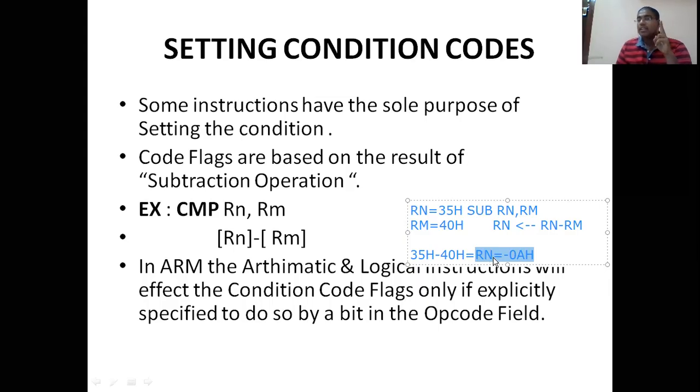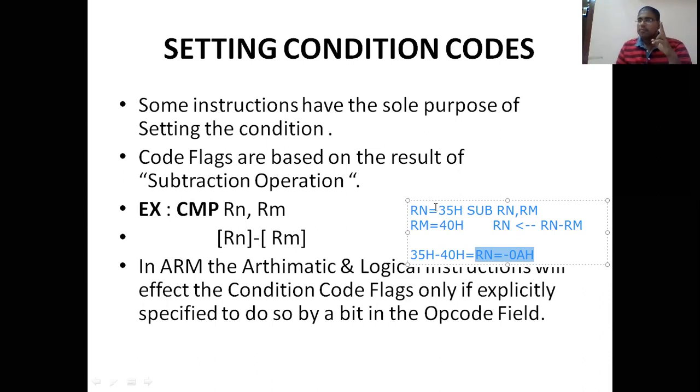But whenever there is a comparison, after performing the comparison, when you check the values of Rn and Rm, they are not going to be changed. The Rn value is not going to be minus 0Ah, it will be 35h only. That means there won't be any change in the register values after the comparison instruction.